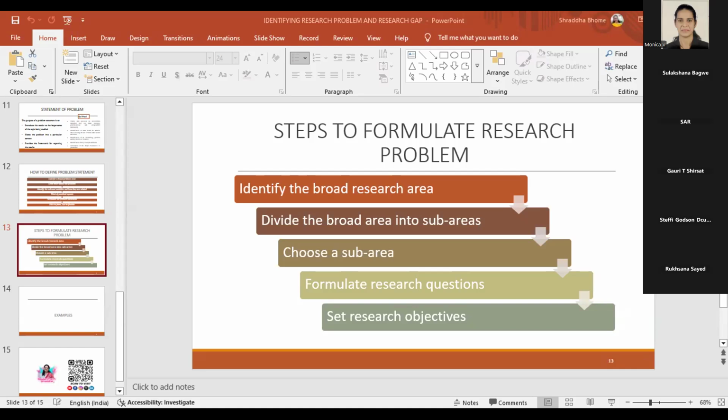So this is how you can divide the sub areas of your research.